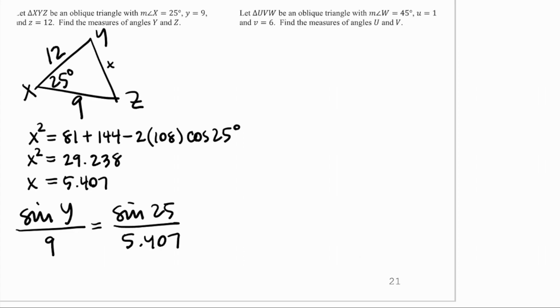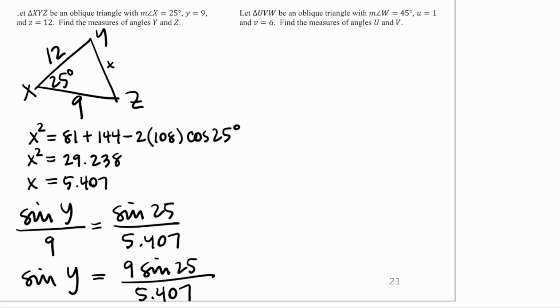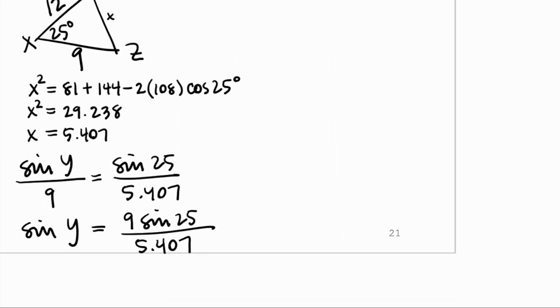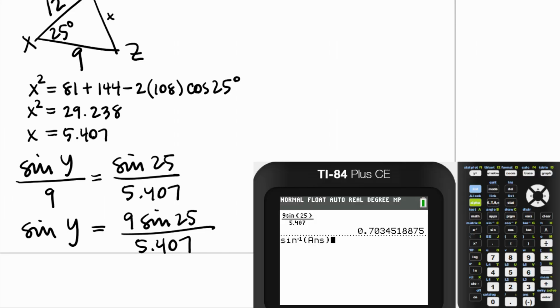Sine of y is equal to 9 times the sine of 25 divided by 5.407. Hopefully you got plenty of practice on this last time. And y is going to be inverse sine of that, and we can use a calculator for that. I'll actually show you my steps there. So I'm going to compute 9 sine of 25 divided by 5.407. And you could have just put that on the inside of inverse sine.